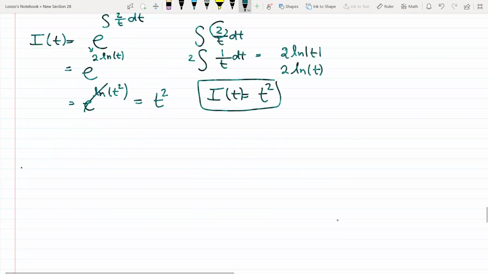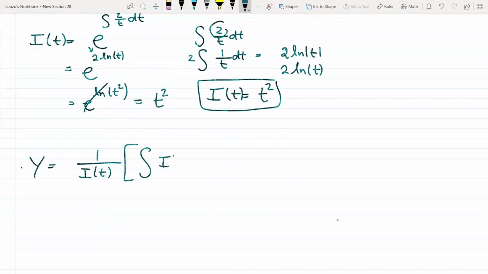Okay, so it's going to be y equals 1 over I of t, bracket, integration of I of t times Q of t dt plus c.